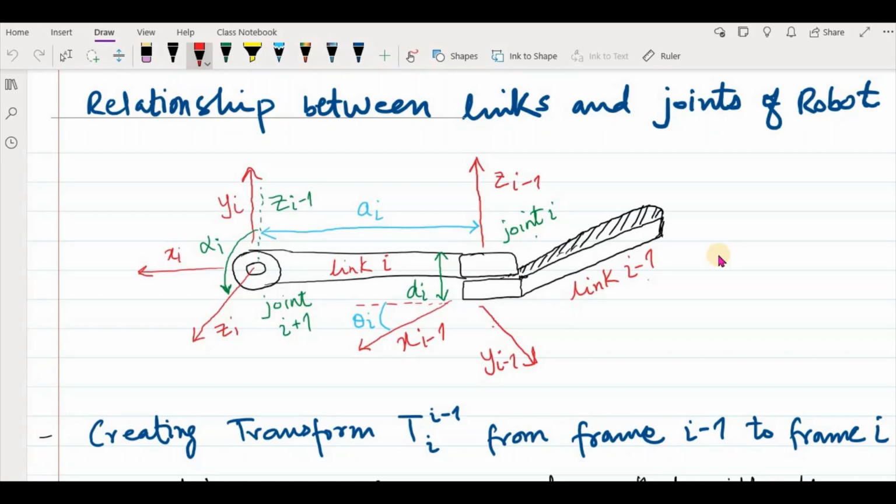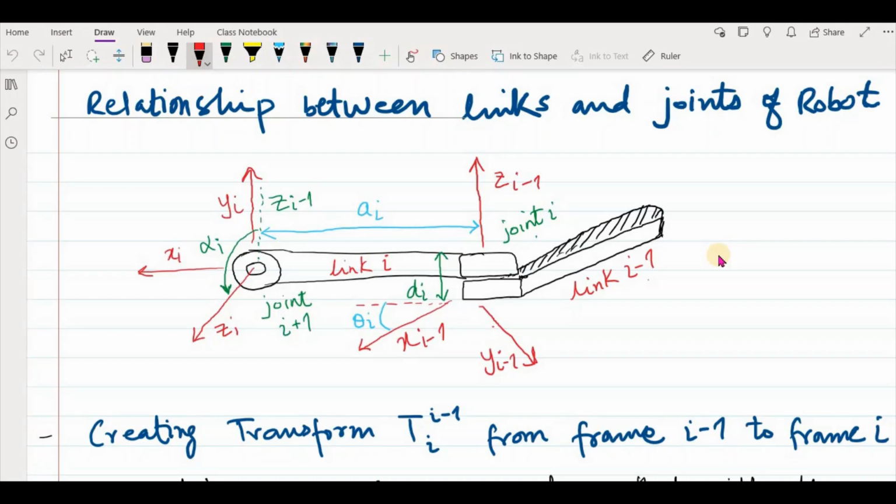And then the y-axis is perpendicular to both of these axes. You have noticed that here we are only concerned with the z and x axes. The DH notation mainly focuses on your x and z axes. Always the z-axis will be the rotation or translation of the joint, and the x-axis will be along the length of your link.